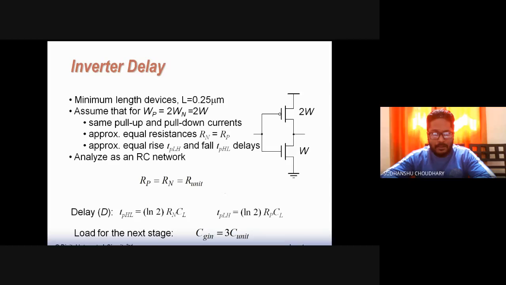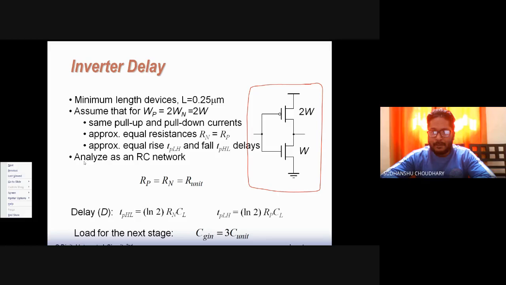So how do we do this? Let us assume that we have a reference CMOS inverter, where the width of the PMOS is twice the width of the NMOS. So we will use this as a reference CMOS inverter.